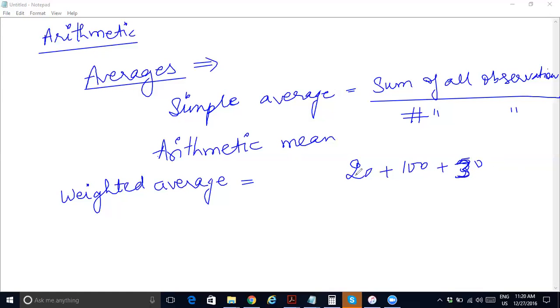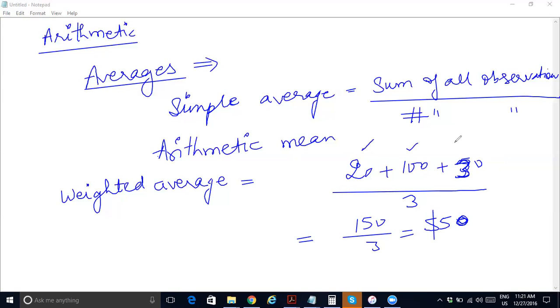That means on an average, if I add all these three and divide by the number of days, I will get 150 over 3. So I can say that you are spending $50 per day. That is when you are adding discrete numbers. You have actual numbers and you are adding those values, whatever number of numbers you have.